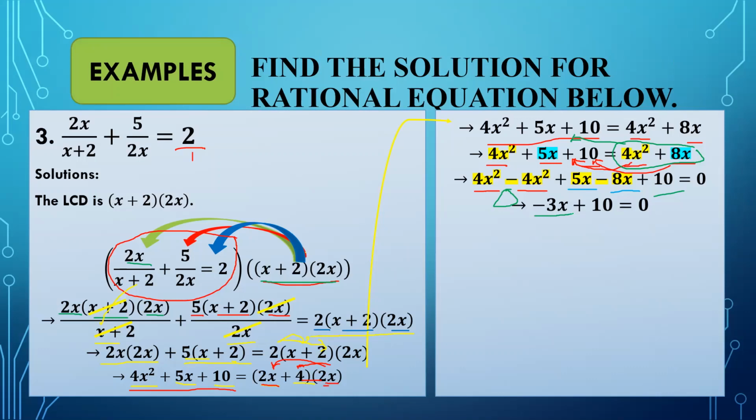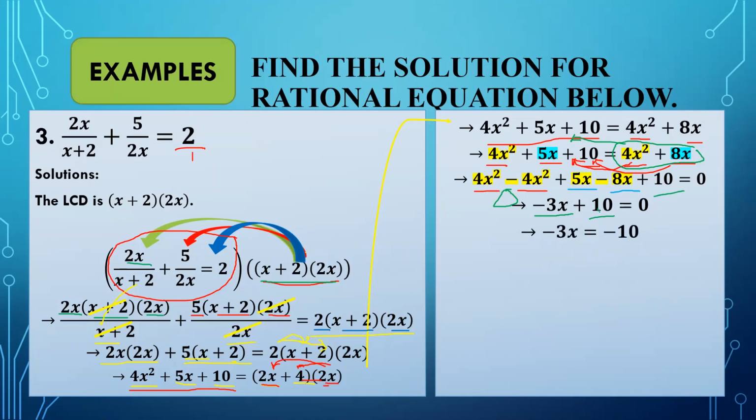Since negative 8x has a bigger coefficient than the positive one, we carry the negative sign. So that is negative 3x plus 10. We just copy 10, since we don't have any similar term with the constant term. So negative 3x plus 10 is equal to 0.